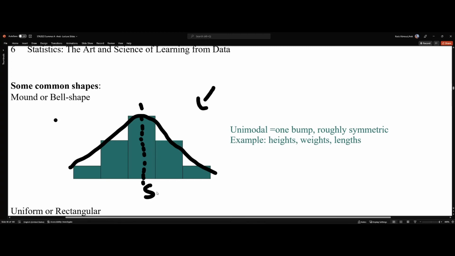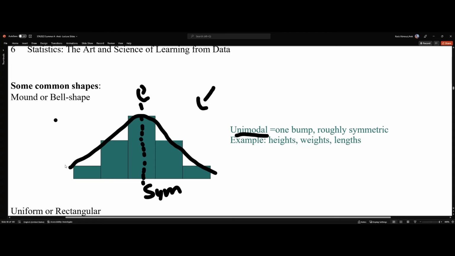This is symmetric, and this is bell shaped. And this is unimodal because it has only one mode, one bump, which is here, right? One top maximum point.